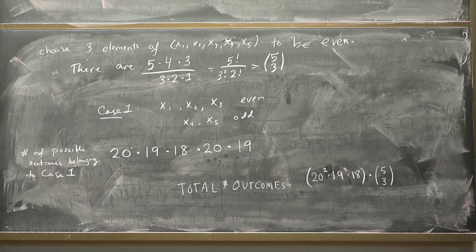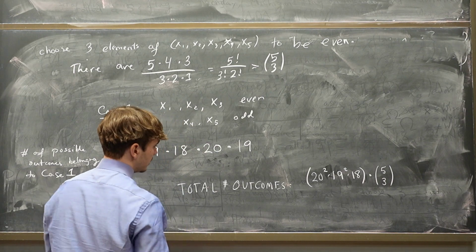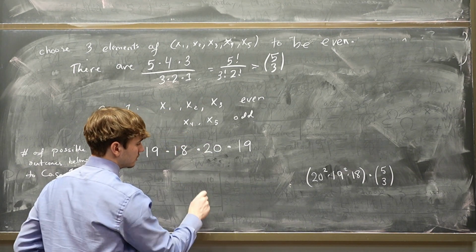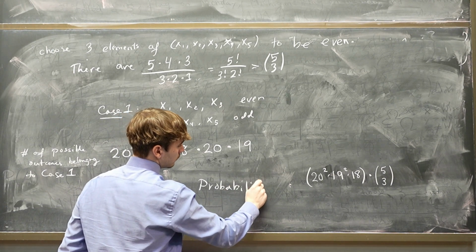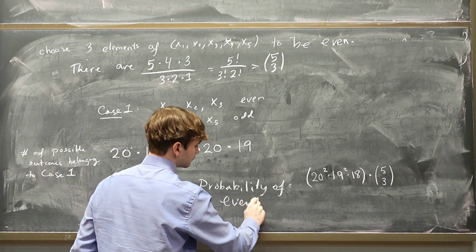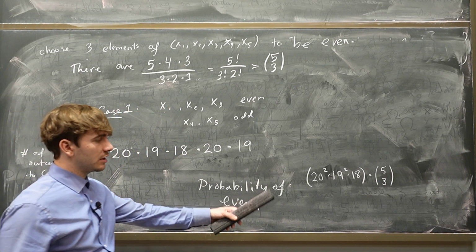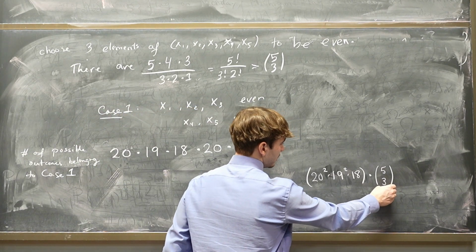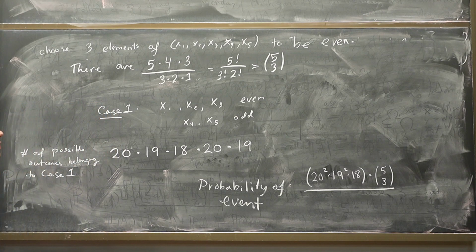Okay, and they want the probability of this event. So we've now calculated the number of outcomes belonging to the event. The probability of the event is I simply divide the number of outcomes belonging to that event by the number of total outcomes.